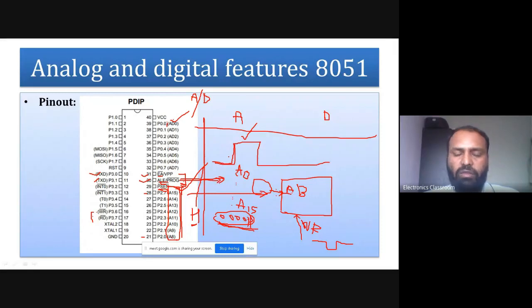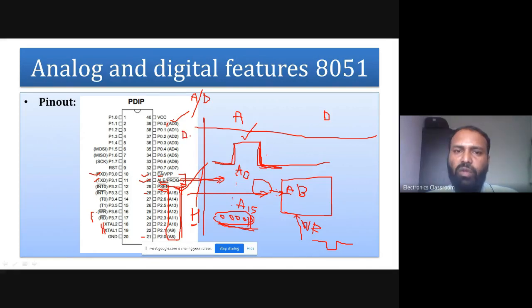After carrying address, during the next clock cycle, this ALE pin will immediately go low. How can we detect the next clock cycle? We have clock cycles from the crystal. So on the next clock cycle, ALE will automatically go low, and whenever ALE goes low, our multiplexed address and data bus will carry data.